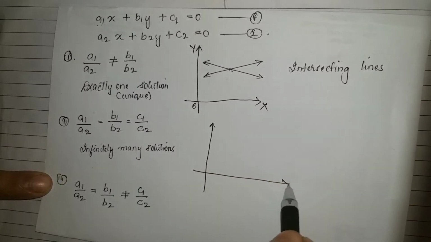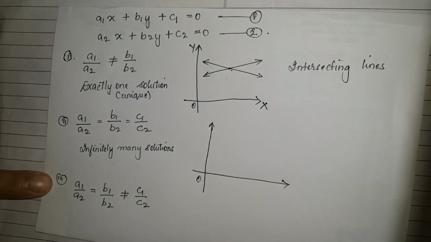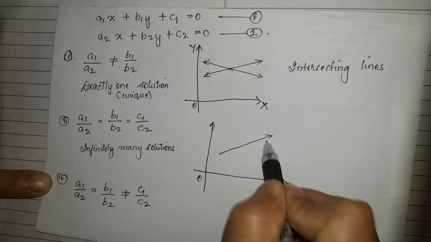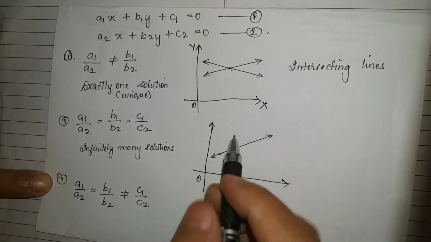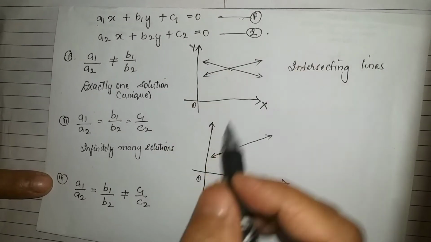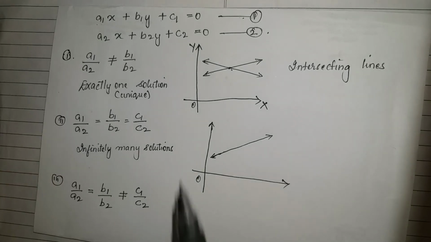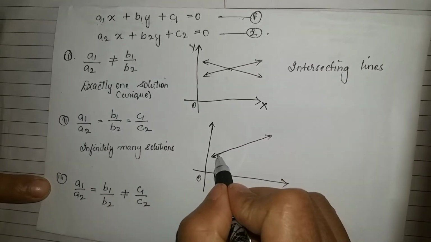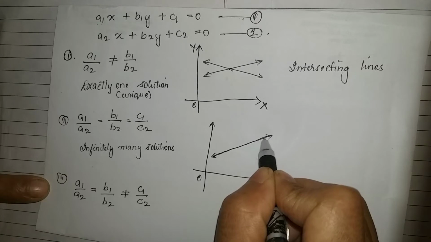The graphical representation of this: suppose this is the line representing the first equation, then the line which represents the second equation will coincide with this first line.